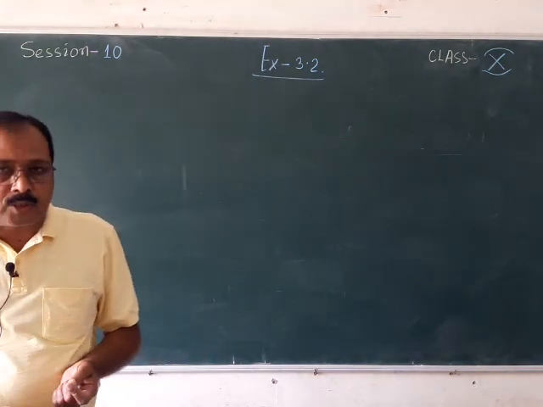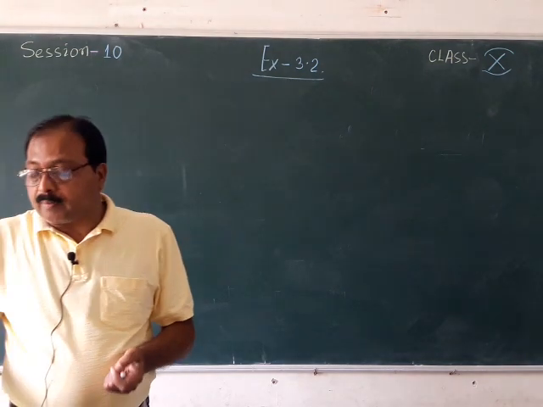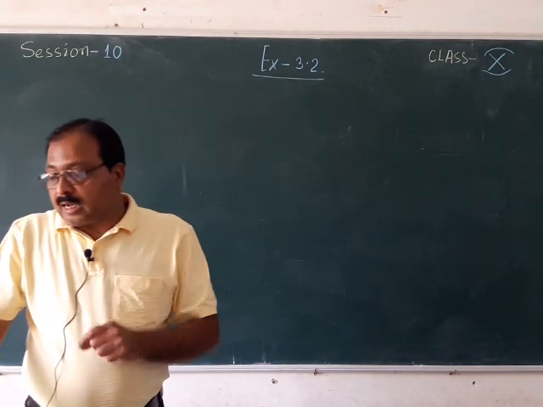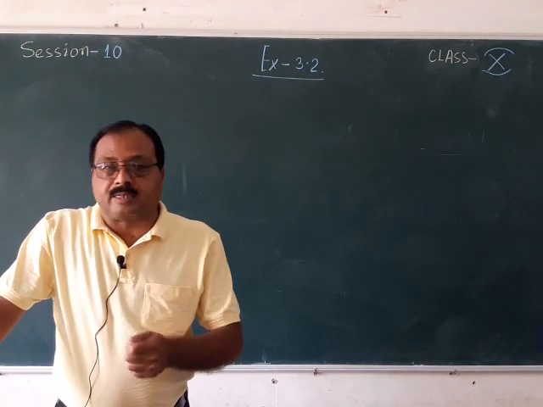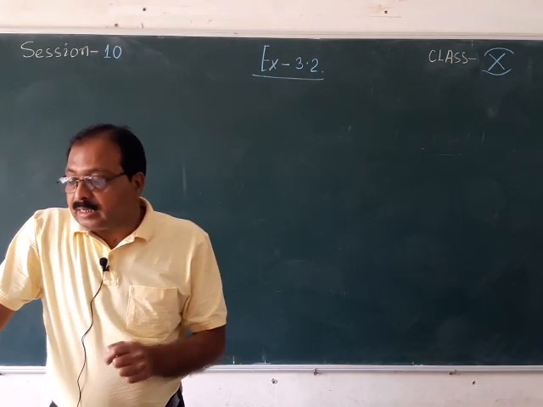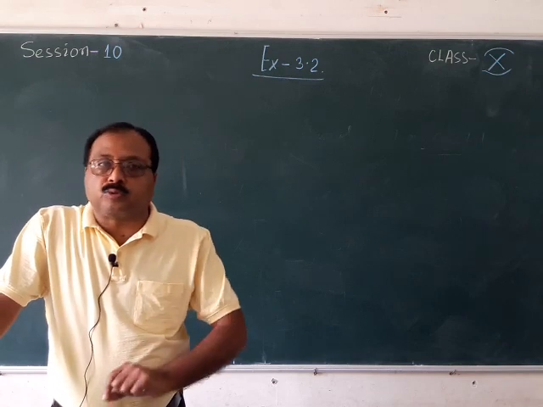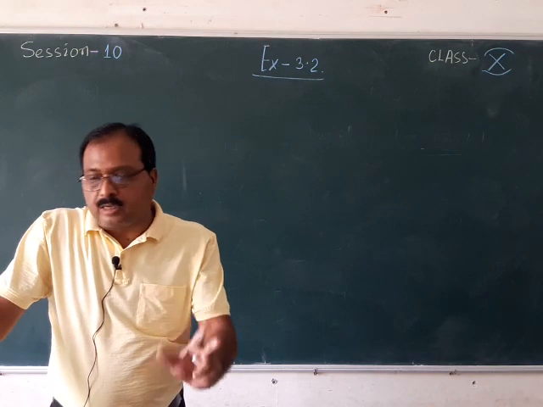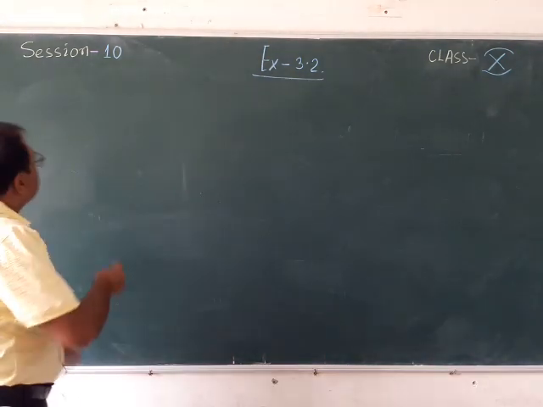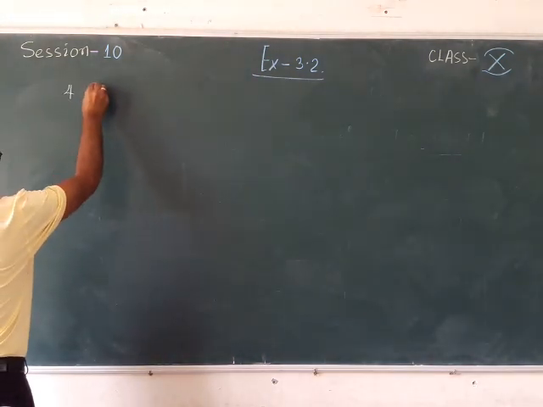Graph you have understood, you can draw the graph, but before drawing the graph you have to check whether the given pairs are consistent. If it is consistent, then only you have to draw the graph to get its solution. If it is inconsistent, no need to draw the graph, you have to leave it there only. So let us see question number 4.1.